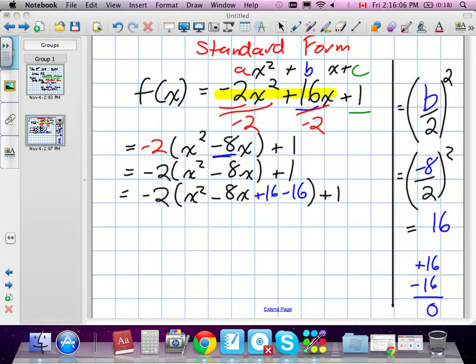Okay, so now I have these numbers inside the brackets. What I actually need to do is remove the negative one. So our negative 16, I need to actually bring it outside of the brackets. But when I do that, don't forget we have the number negative 2. Technically it's supposed to be distributed to all these terms in the brackets. So if I'm going to bring negative 16 out, I actually have to multiply it by the common factor, which is negative 2 in this instance.